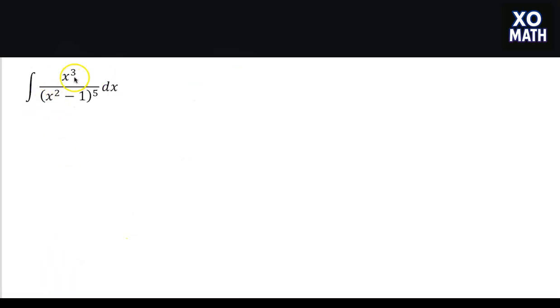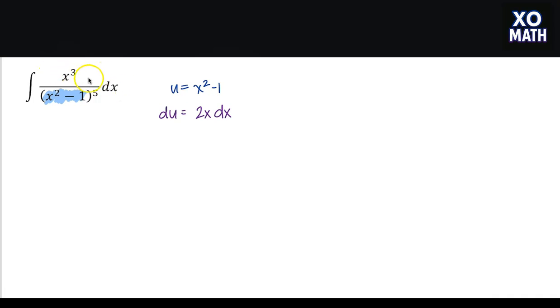Now let's integrate x cubed all over the quantity x squared minus 1 to the 5th dx. So here we're going to let our u be x squared minus 1. And when we take the derivative, du, we're going to get 2x dx.